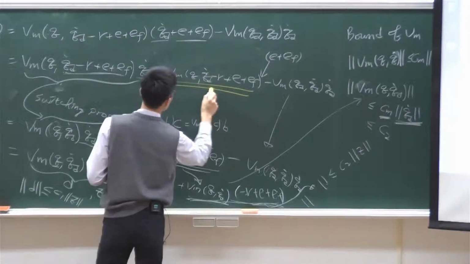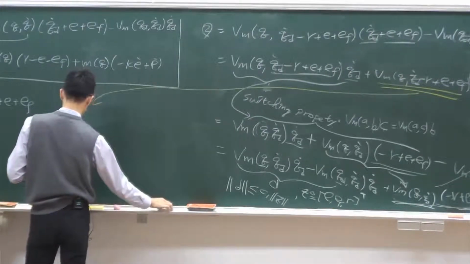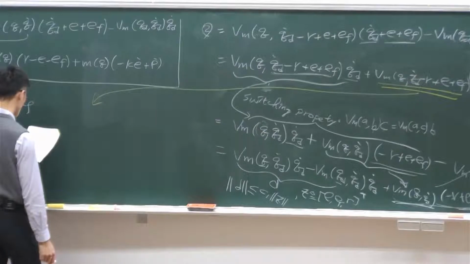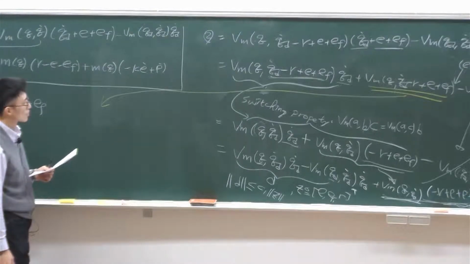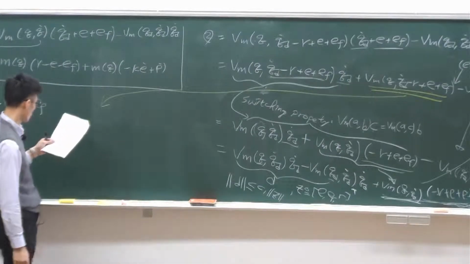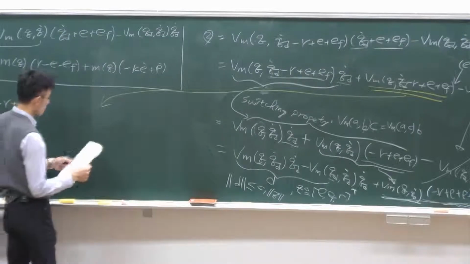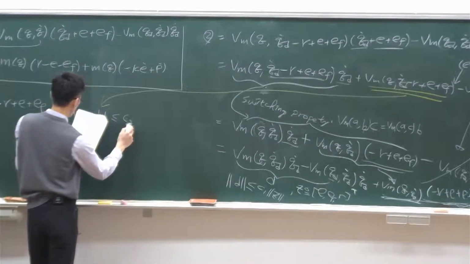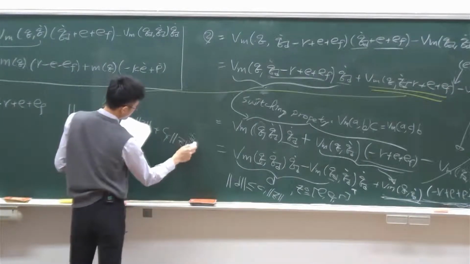And this term can be upper bounded by, as I show at the top of page 4, C3 Z norm plus C4 Z norm squared.